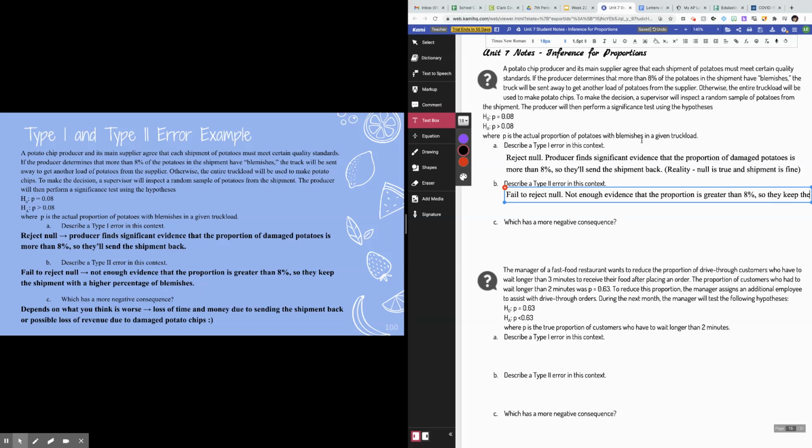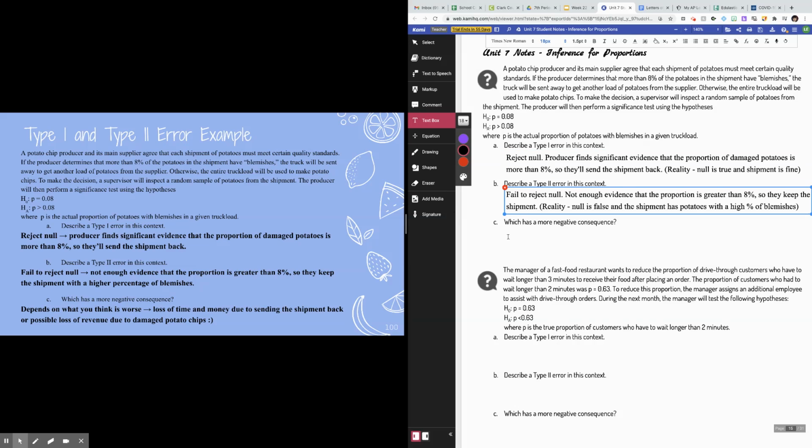So they keep the shipment, but it doesn't match the reality. The reality is that the null is false, and the shipment has potatoes with a high percentage of blemishes.